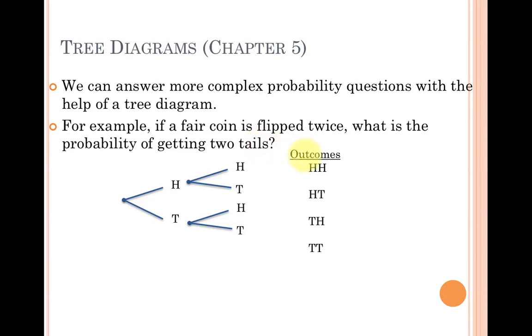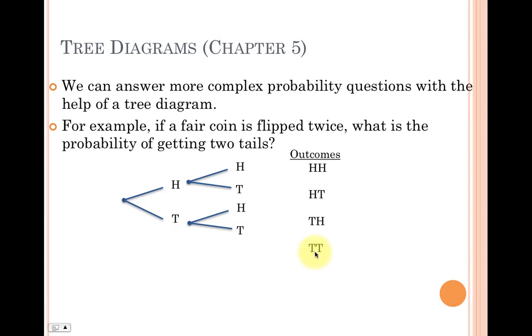Well, the denominator is easy because we'll look at the column for outcomes and we can see that we immediately have 4 possible outcomes. So the denominator is 4. The probability of getting 2 tails, well, we'll have to count how many of these outcomes have exactly 2 tails. Well, it's just this last one here. This TT is the 2 tails.